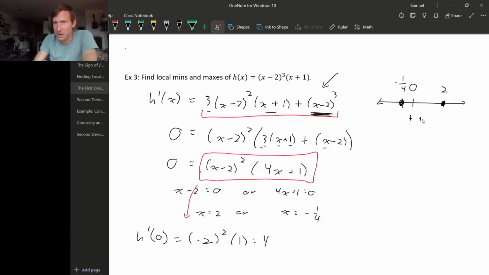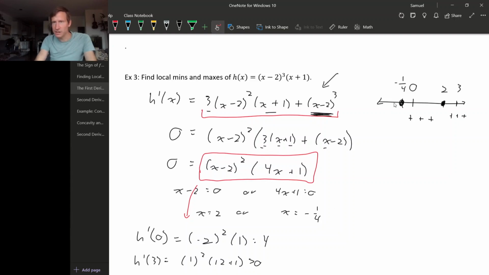So in here it's positive. Over here, let's plug in 3. So h prime of 3 is 1 squared times 12 plus 1. So that's positive.